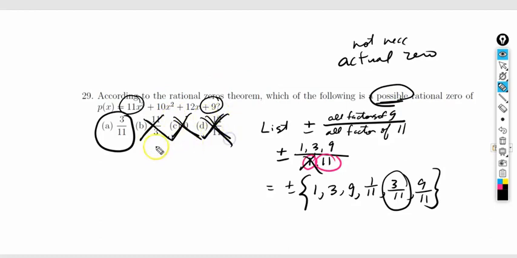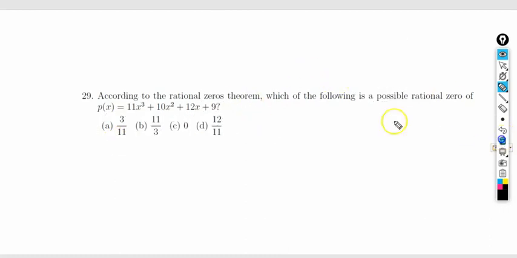They're not on our list of possibilities. This was on the list of possibilities. Possibilities only. So it could be a 0 or it might not be. So you were not asked the actual ones. So this is not one you can answer with your calculator and look for x-intercepts, because they're just asking you for a possible one.